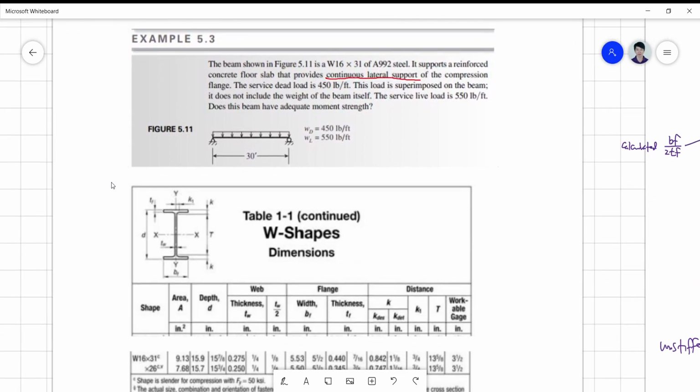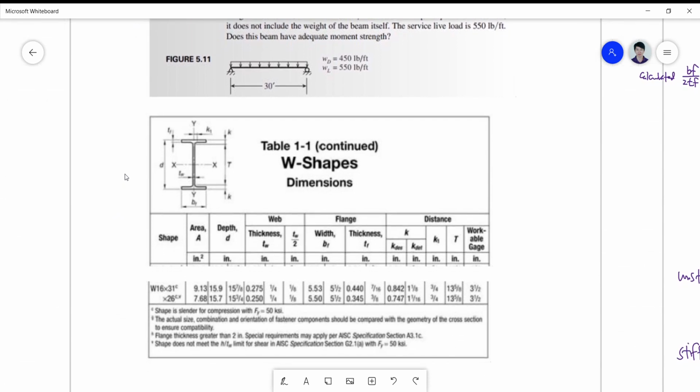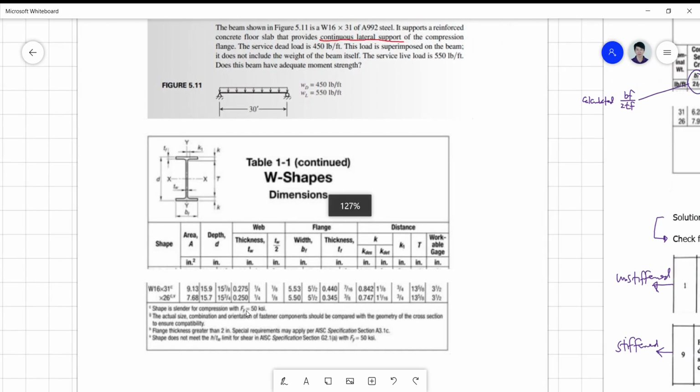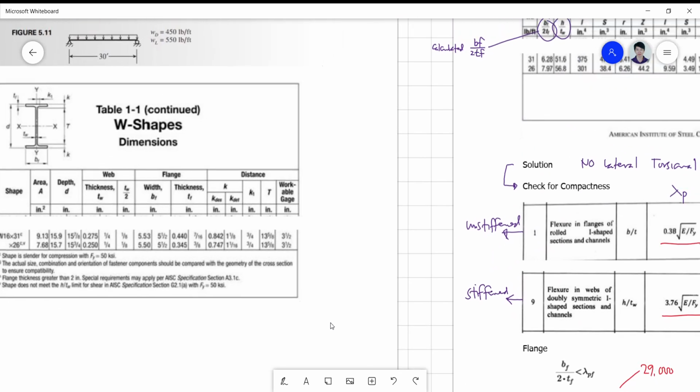If it's a rolled section, you just look into your table and list down all the possible properties you will be needing. So what I did is I get the whole sectional properties of the W16 by 31 and place it here, so we can use them.